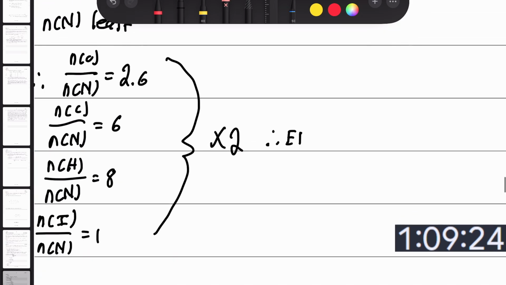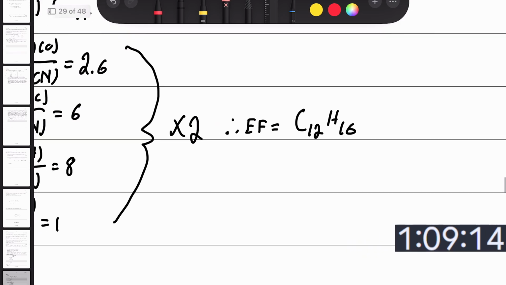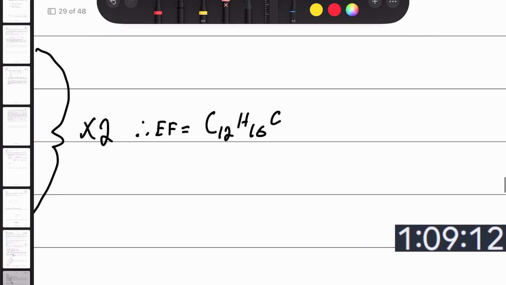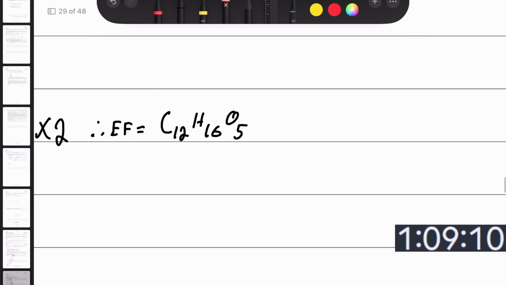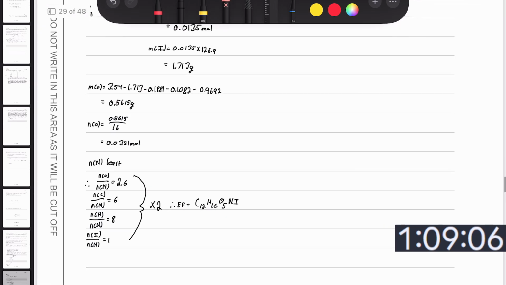Therefore the empirical formula is going to be 12 carbons, 16 hydrogens, that's going to become 5 oxygens, 1 iodine, and 1 nitrogen.